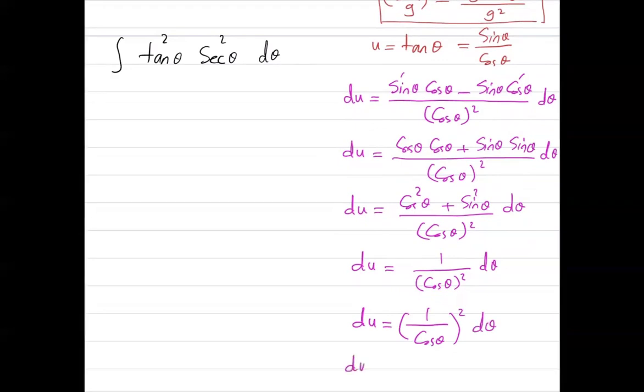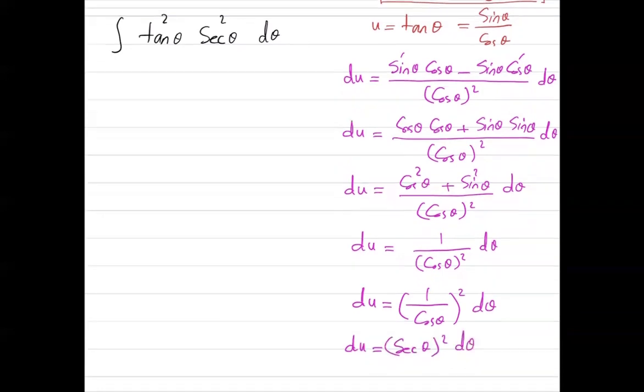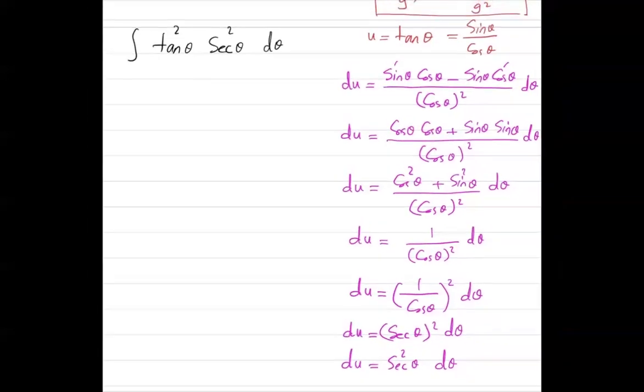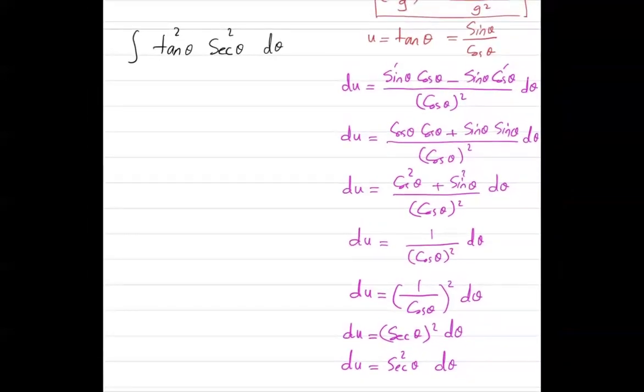So du is secant theta to the second power d theta, or du can be written as secant squared theta d theta. So if you ever forget the derivative of tangent, you can apply the quotient rule, and as you can see, if u is tangent, du is secant squared.